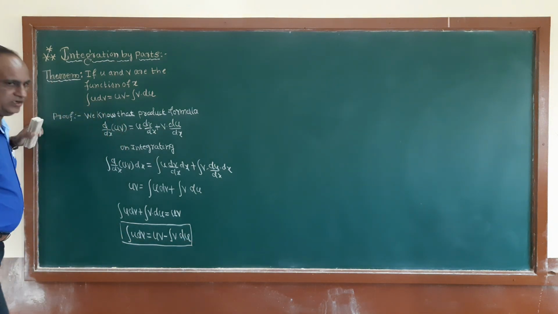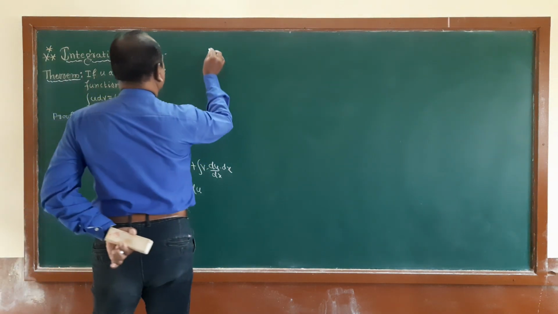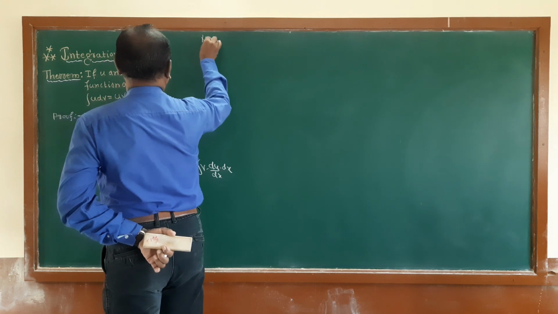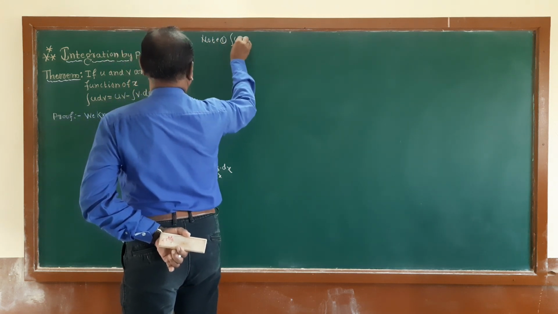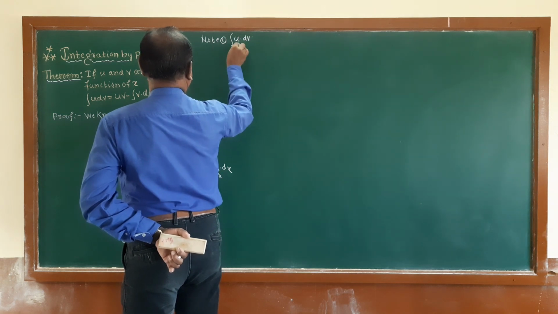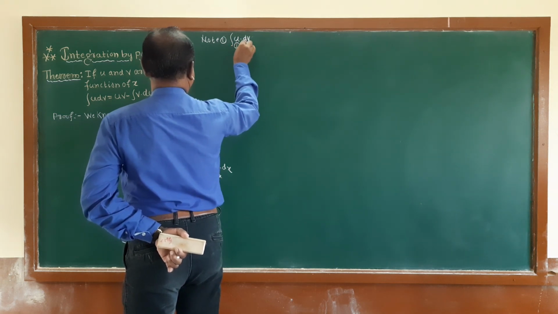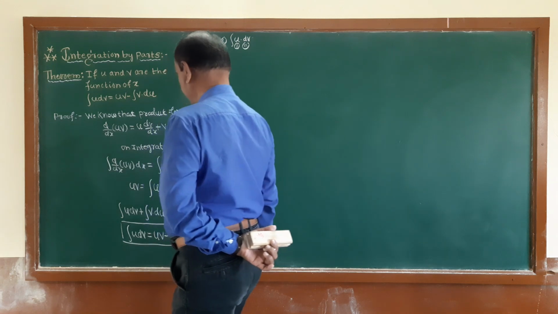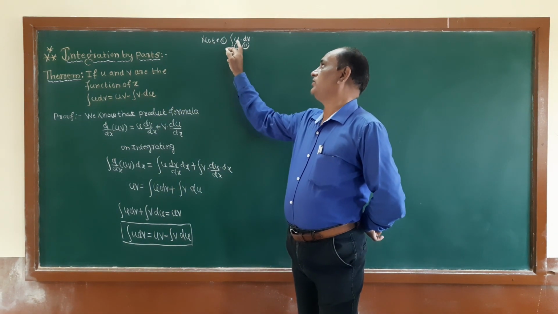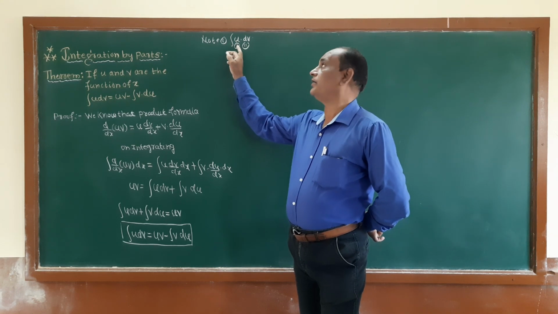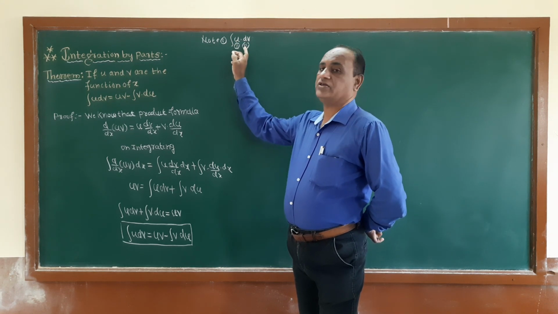So how should we remember this formula? Note this point: first, this is the first function, this is the second function, and integral of v into dv. Take this v as the first function, and dv is the second function.